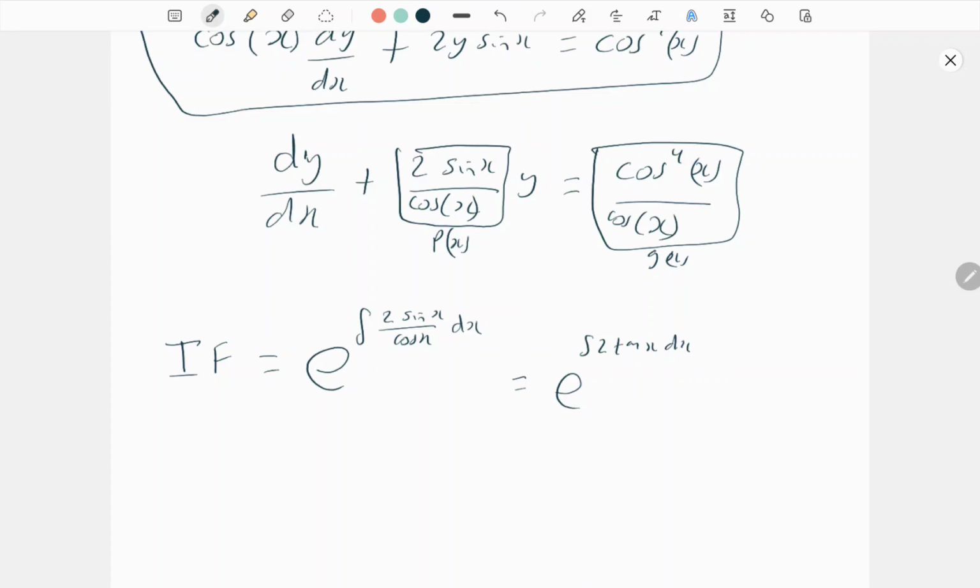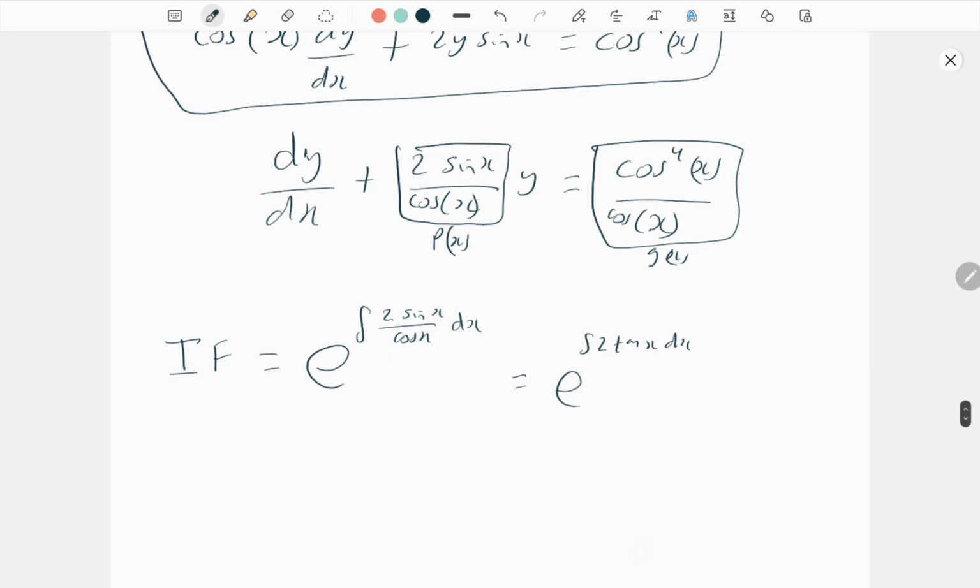You can look in the formula booklet for this, or you can use the reverse chain rule. You can see it's a function and its derivative, so you know it's going to be minus ln cos. But we can look in the formula booklet and see that it ends up being e to the 2 ln sec x.